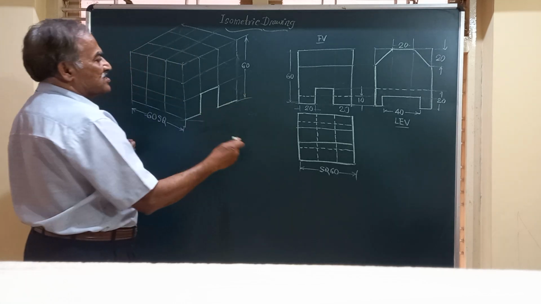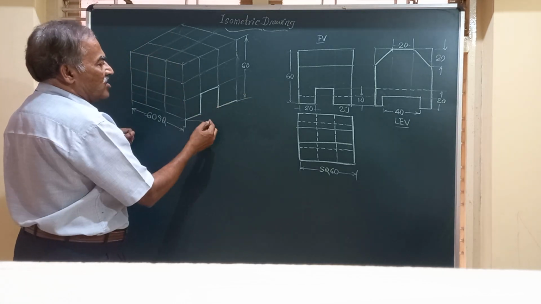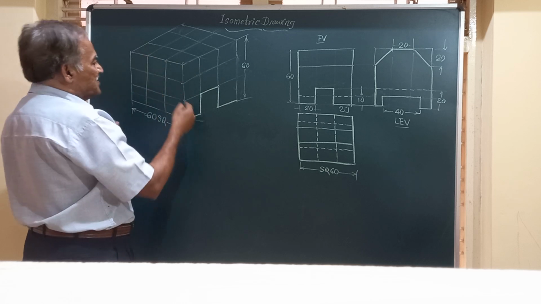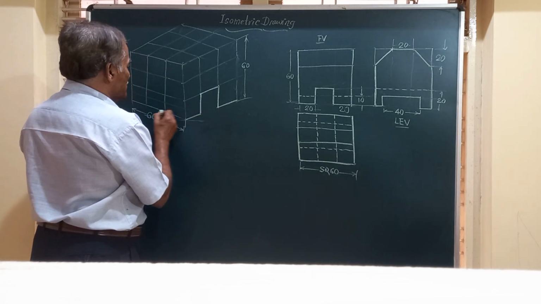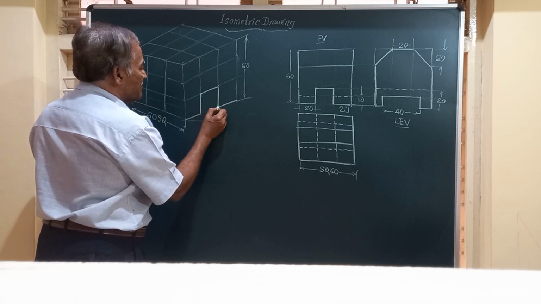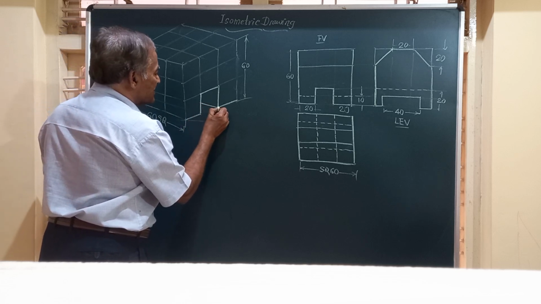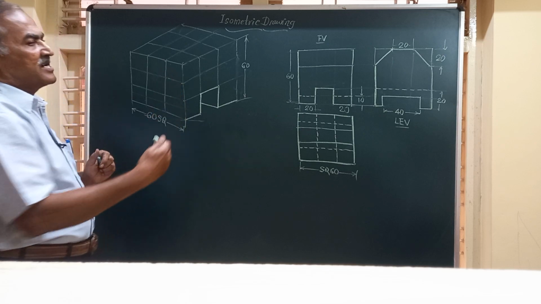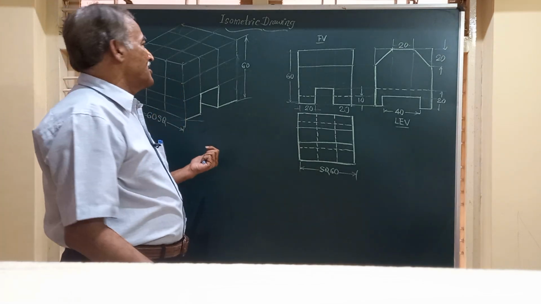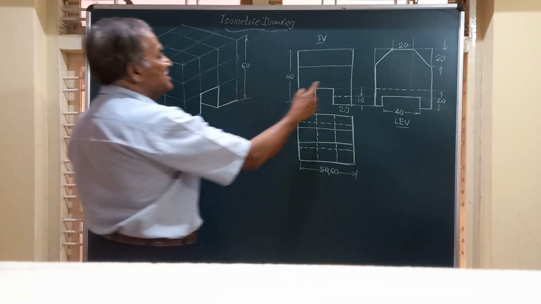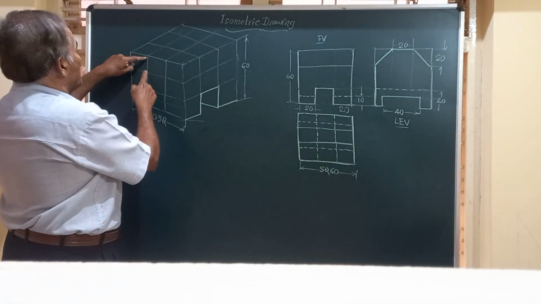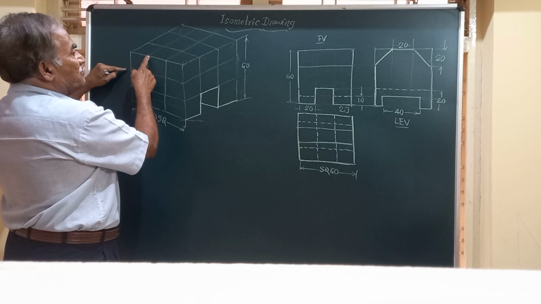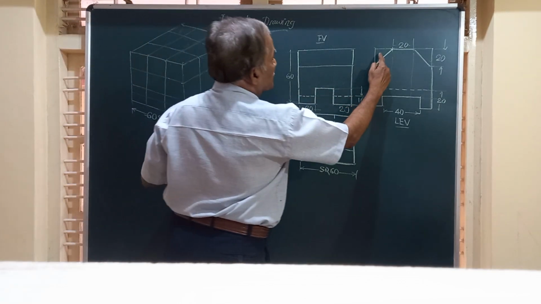I remove this portion. Since it is a slot cut throughout the width of 60 mm, I am going to draw a line parallel to this. So parallel to this, from here, I will just draw a line indicating that there is a slot throughout. And friends, here you can see in the end view, at a depth of 10, this first point, because it's also 20.